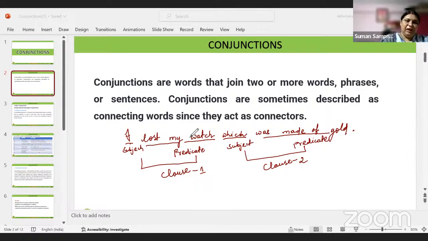So I hope now it is almost recalled by you what is a clause, what is a phrase, what is a sentence, and the difference between a clause and a sentence is this, the full stop. Only thing is this. And you will find only one subject and predicate in a clause, whereas in a sentence, you will find more than one subject and predicate. Okay. Not in every sentence. Like these kind of sentences are called complex sentences.